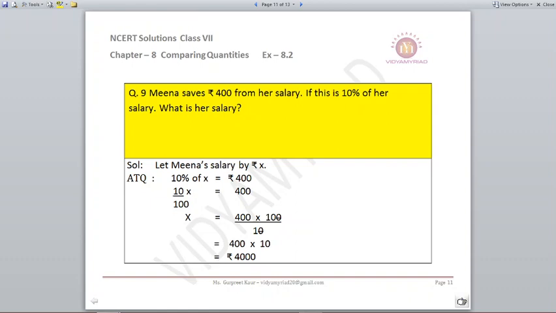X. So what is my equation? 10% of X is equal to 400. So it can be written as 10 upon 100 multiplied by X is equal to 400. So X comes to rupees 4,000. Now you can check your answer in your rough hand side. Calculate 4,000 multiplied by 10 upon 100. Your answer should come to 400. If it is not coming, that means you have made some calculation mistakes.